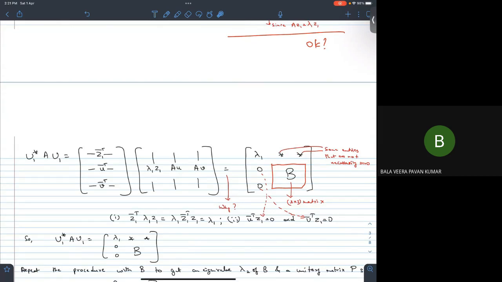One more doubt, sir, because it is giving us a diagonal matrix, but we are wanting an upper triangular matrix. No, it's not giving us a diagonal matrix because these entries need not be 0.